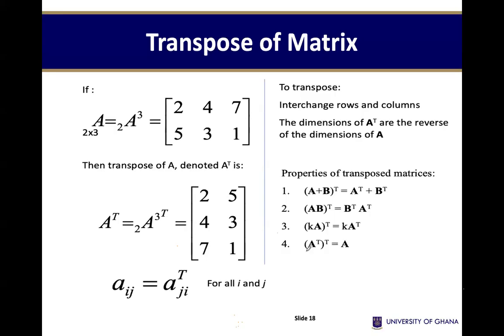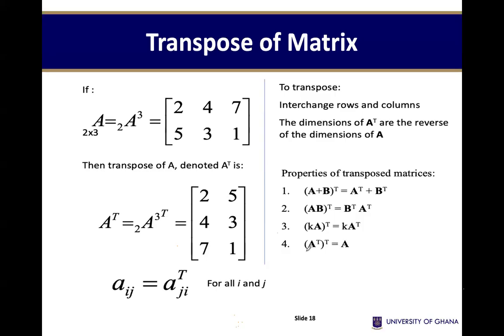If you are having, let's say, A and B added, and you are adding A transpose to B, you might not get the same answer. Because when you transpose that A, which initially was, let's say, 2 by 3, it now becomes a 3 by 2, which might not even be feasible to add to a B, which is also a 2 by 3.